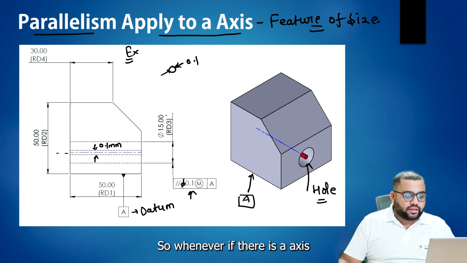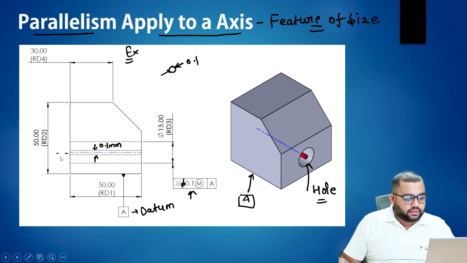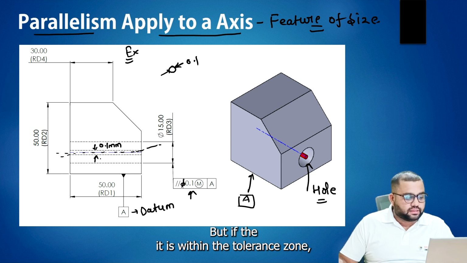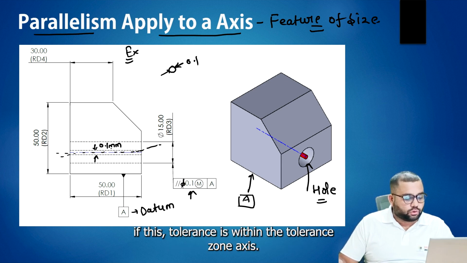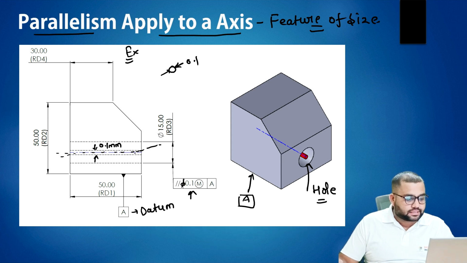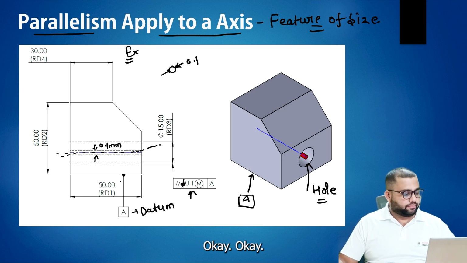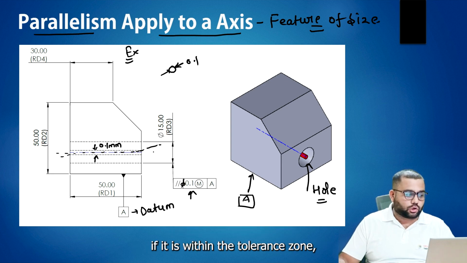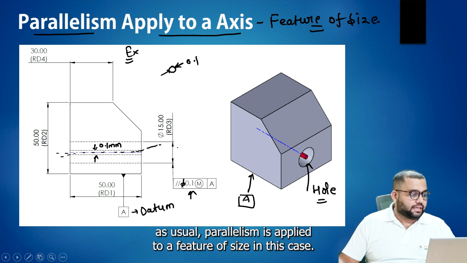So if there is an axis deviation, let's say it is in taper, but if it is within the tolerance zone, it will be considered parallel with the datum A. So the axis is considered to be parallel with the datum A if it is within the tolerance zone. As usual, parallelism is applied to a feature of size.